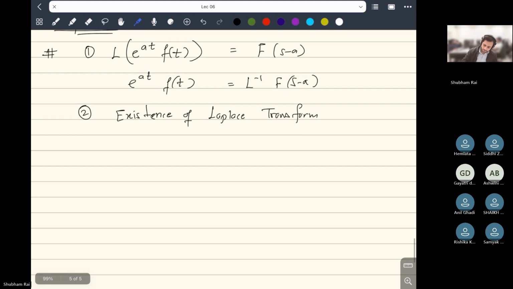Okay. So, existence of Laplace transforms. Laplace transforms exist for discontinuous functions also, but those functions should not be abruptly discontinuous. Wherever they are discontinuous, their value should be defined at those points. We call those functions piecewise continuous functions. They are discontinuous at some points, but then they start being continuous again.